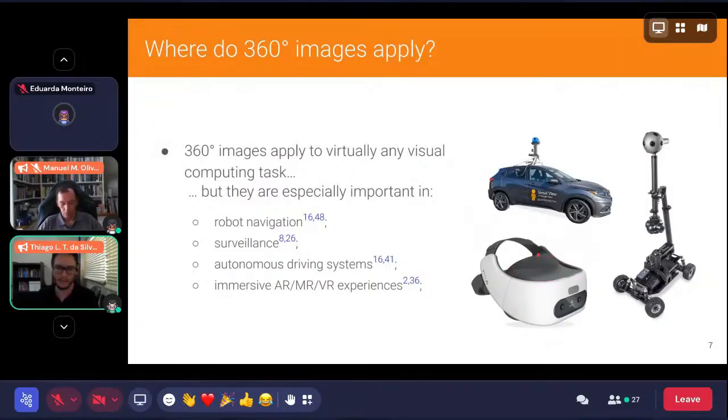And here we have some immersive experiences in places captured with spherical images. Of course, we can think about many other applications, and we'll discuss some downstream tasks later in this talk.